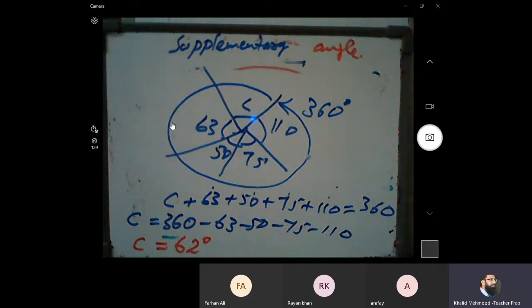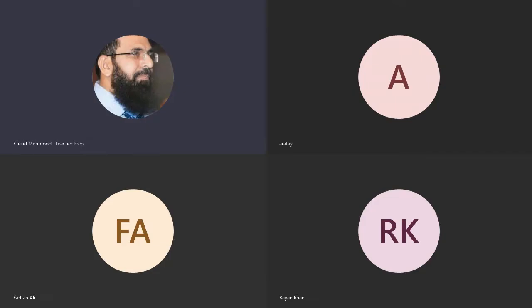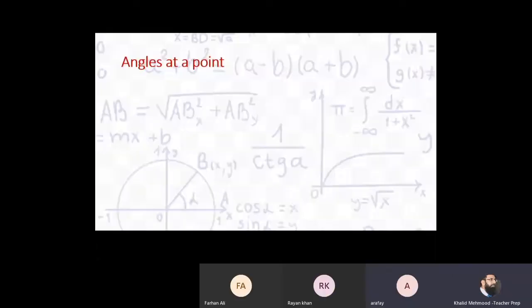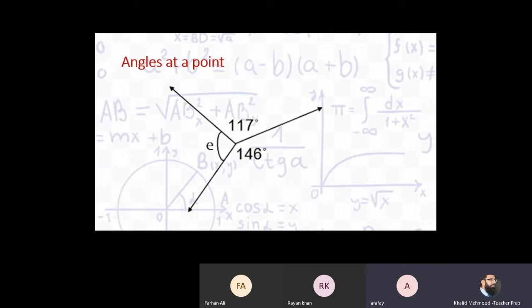Now, come to the slide again. Angle at a point, we have done this now. Now another problem is waiting for us. This is not so technical. This is easy.